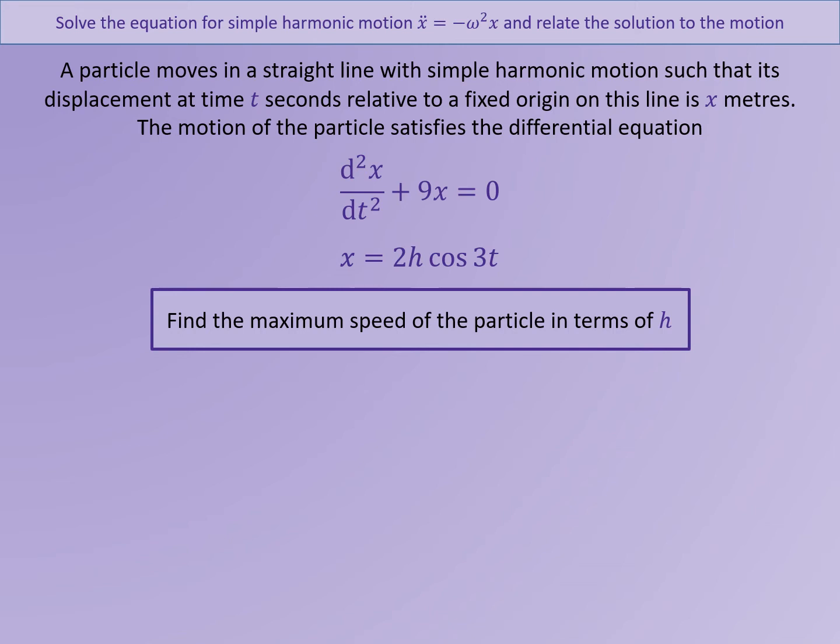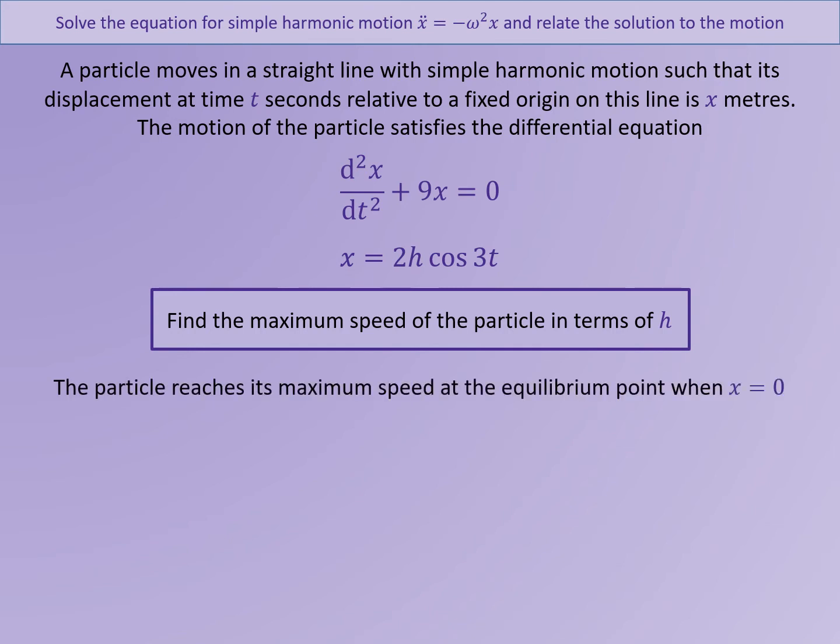Okay, so it's maximum speed. Let's think about what's going to happen at its maximum speed. If you think about simple harmonic motion, you think about that particle moving all the way to the top, velocity equals naught, then it comes all the way back down. It reaches the equilibrium point and then it starts to slow down again to get to zero. Then it accelerates and reaches its maximum speed again at the equilibrium point and then it goes up to zero.